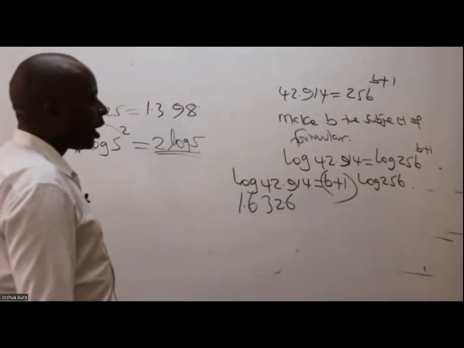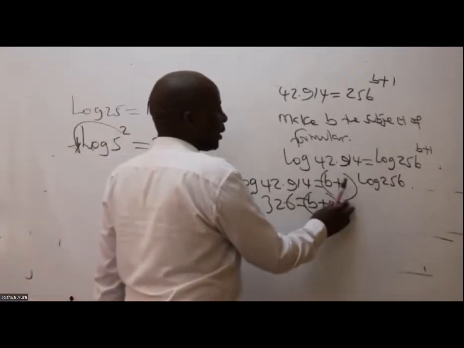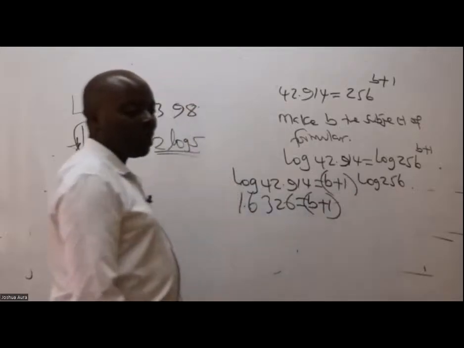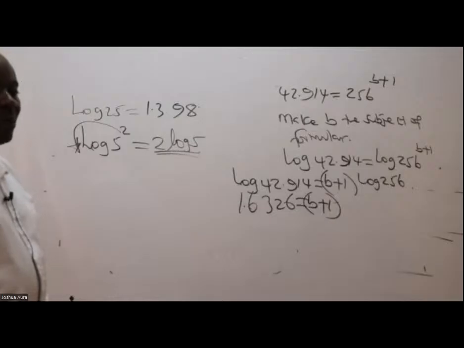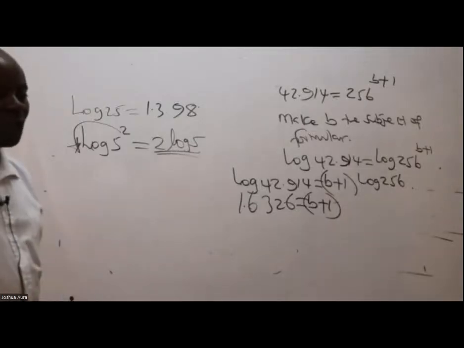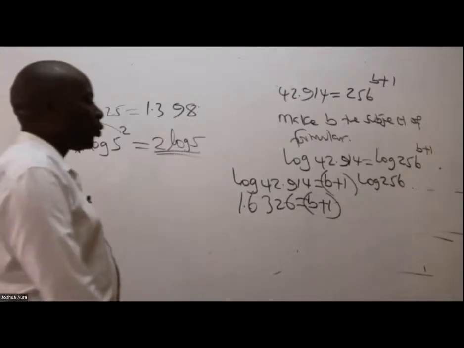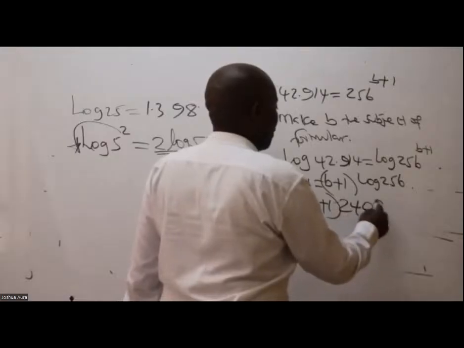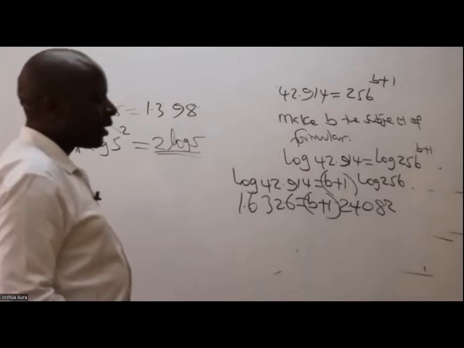Thank you very much. How about log 256? Logarithm 256 from your calculators, what are we able to see there? 2.4082, with a decimal there. Great.